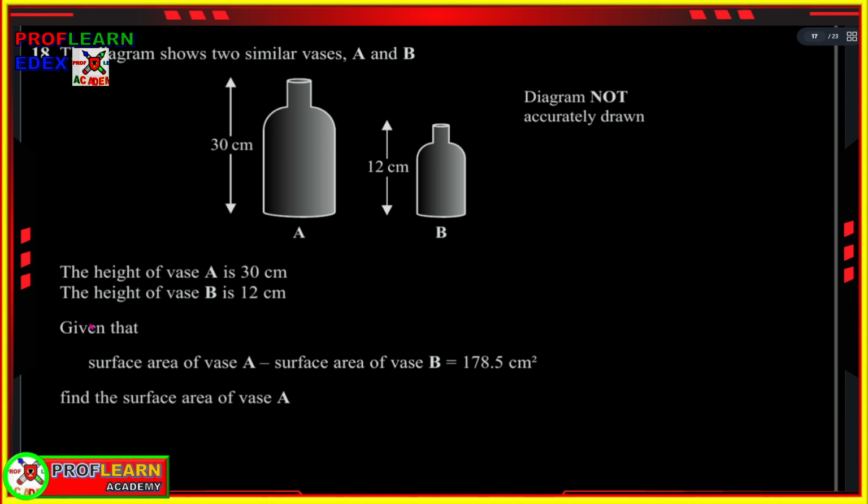Now, the height of vase A is 30, the height of vase B is 12. Surface area of A minus surface area of B is this.